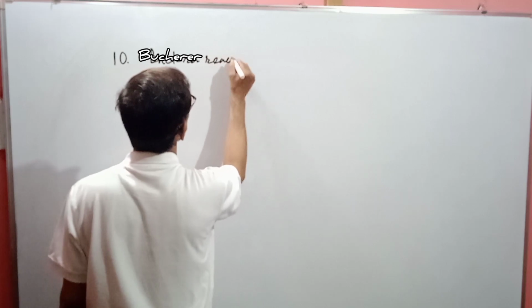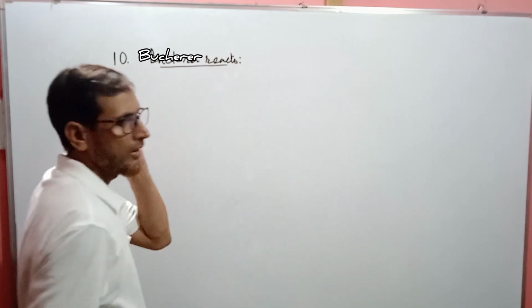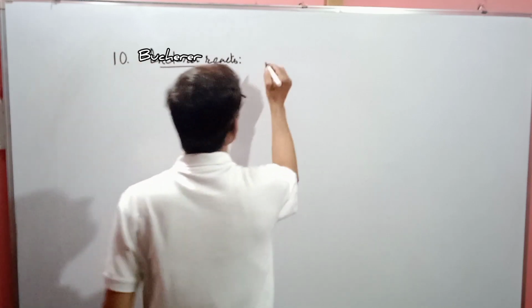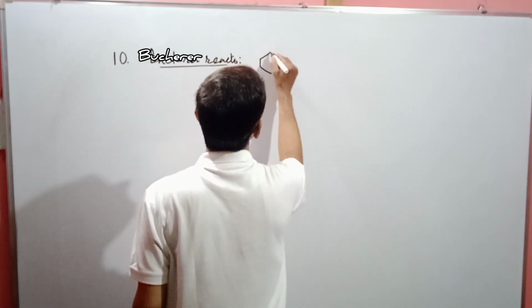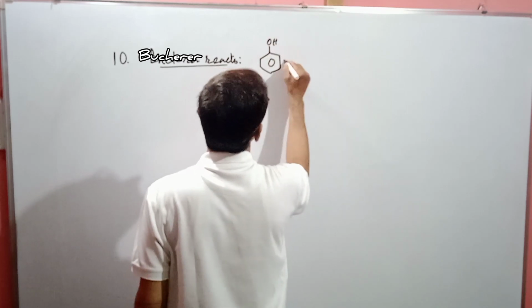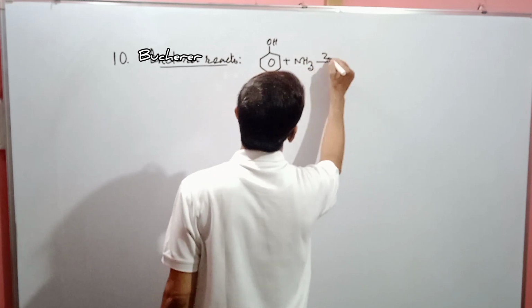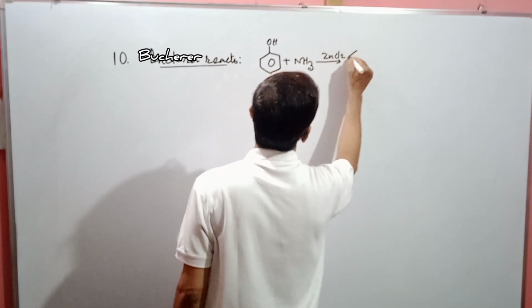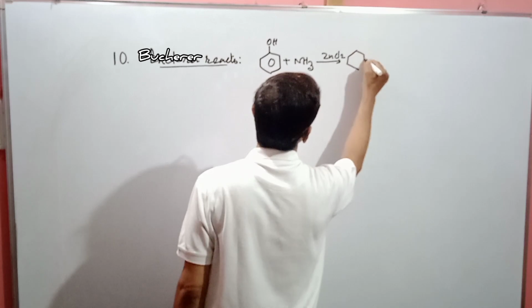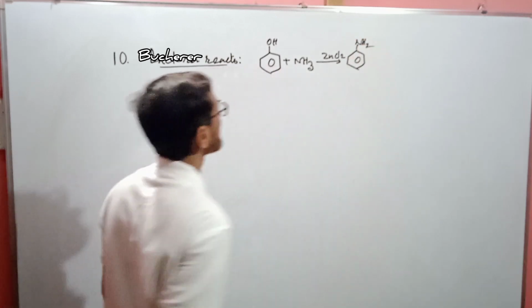Butyrar reaction: this is phenol with ammonia. This gives amine.